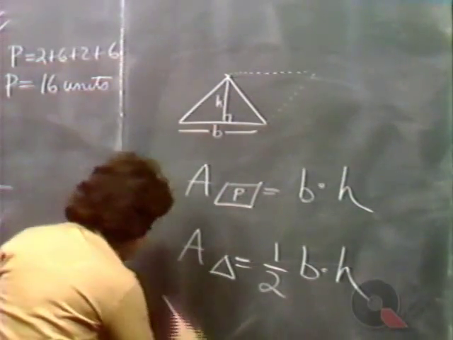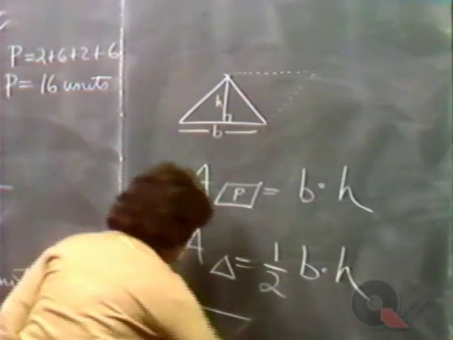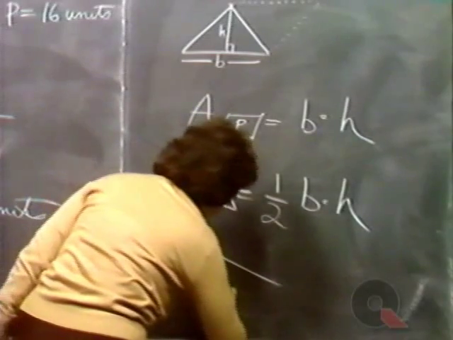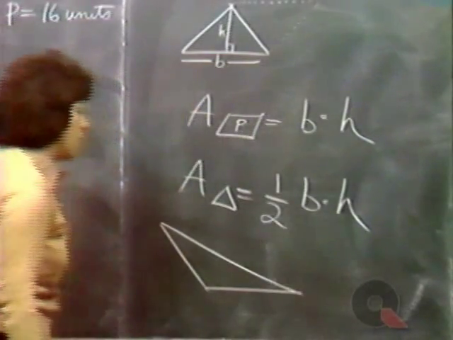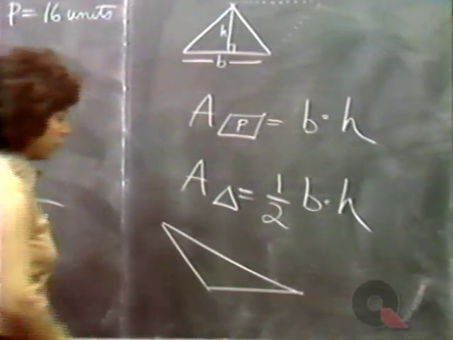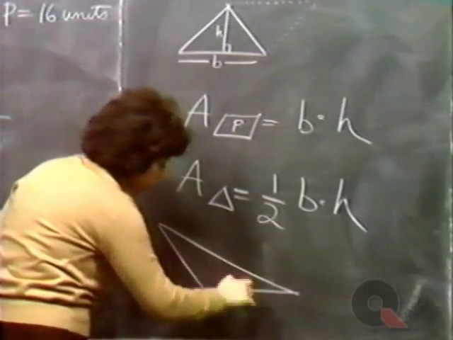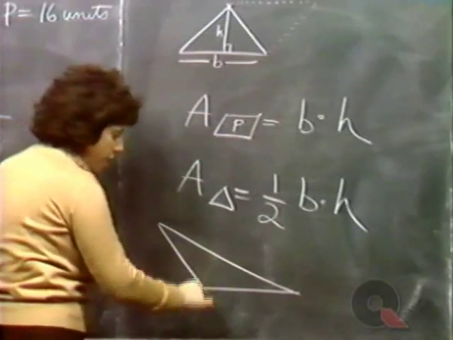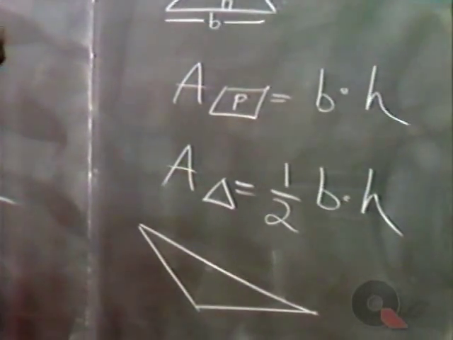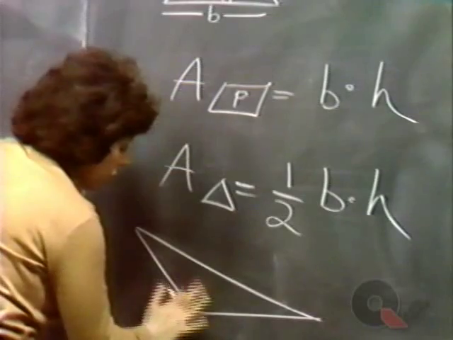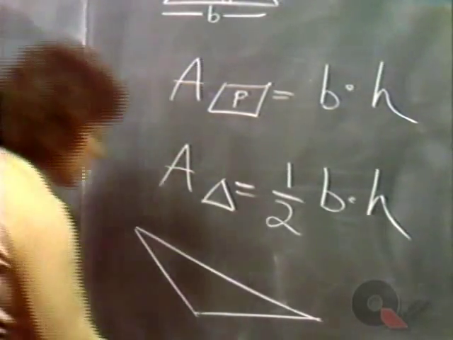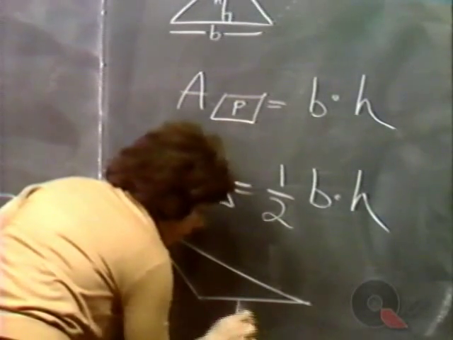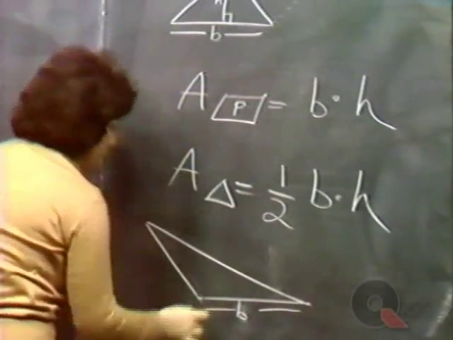If you have a triangle that looks something like this, you could find the area by saying that this is the base and this is the height. Doing it this way is perfectly okay, 1/2 base times height. But you're not restricted to doing that. You could also find the area by calling this the base and this the height.